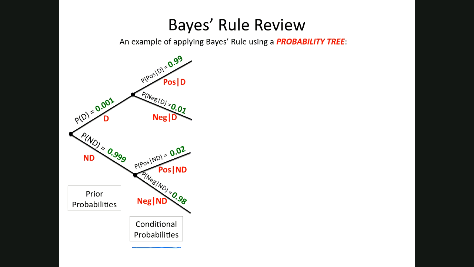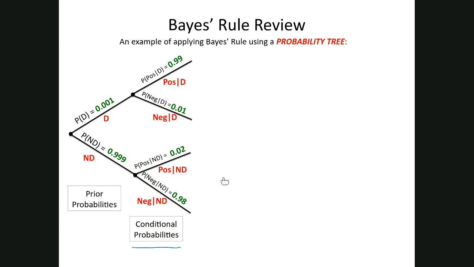And now all we're going to do is use this tree, and multiply the branches of the tree together to calculate the respective, what's called our joint probabilities.